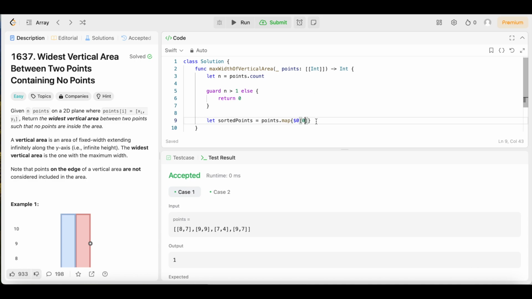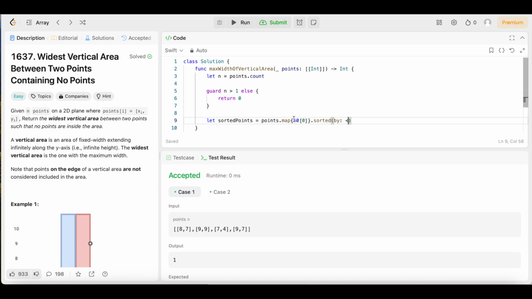Then we're going to come outside and we are going to say sorted, open up the parentheses, by, then we're going to put the colon, then we're going to put this, that is the less than sign. So we're going to sort them from smallest to largest.